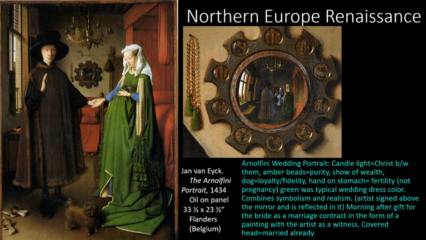At some point, some princess or queen decided to get married in a white dress, and it became the thing to do. But it wasn't always. It was more traditional to wear a green dress representing these symbols I just told you about, the ability and willingness to have children and be fruitful in your marriage. So her stomach being exaggerated like that is just the idea of the potential childbearing ability there.